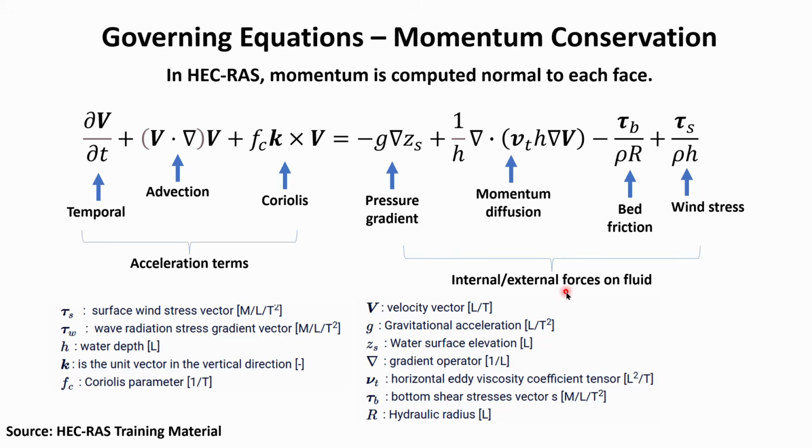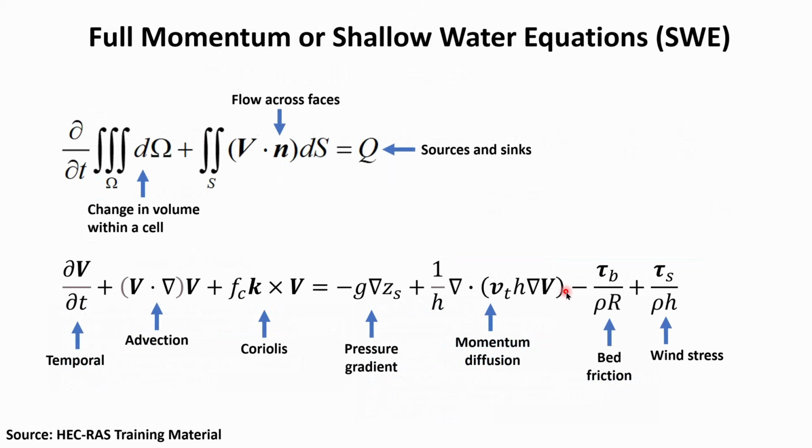Now this is the full momentum conservation equation, and when we use both the continuity and the momentum equation together, these are called shallow water equations or SWE. In HEC-RAS 2D, shallow water equations are used to solve for water depth and velocity for each cell and across the cells.